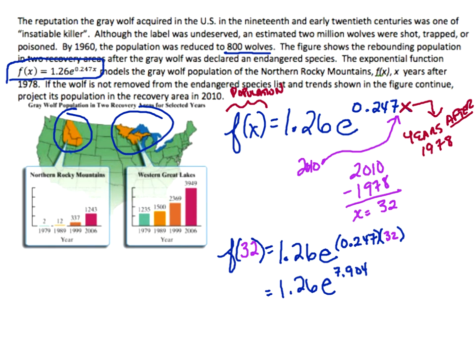Okay, I'm back and I've got my calculator figured out and the dogs are outside and happy. So here we go. To do this calculation, I need to raise e to the 7.904, and then I'm going to multiply that value by 1.26, and I get approximately, wait a minute, this isn't right.